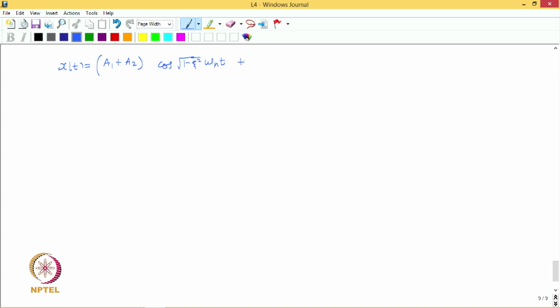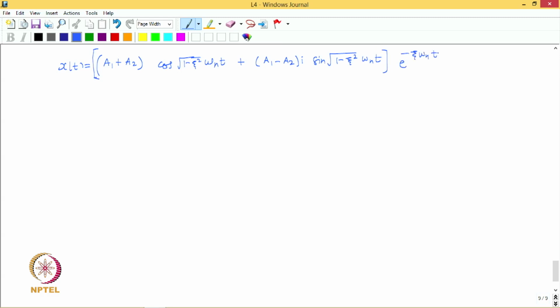Then I have plus A1 minus A2 times i sin of square root of 1 minus zeta square omega n t, and I also have the factor e to the power minus zeta omega n t.